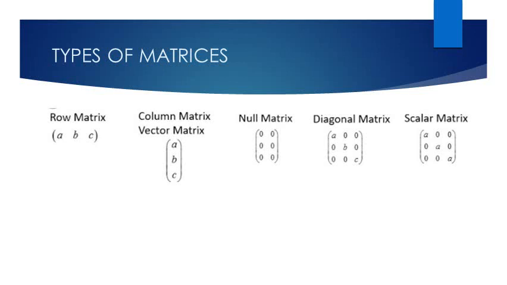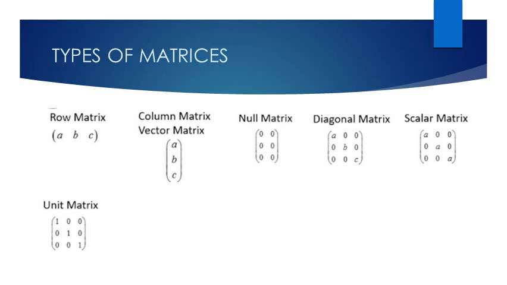Okay. Don't confuse between diagonal matrix and scalar matrix. In a diagonal matrix, the numbers in the diagonal can be different numbers. But in a scalar matrix, the diagonal should have the same number. Next is unit matrix. It is just like a scalar matrix, but here we have the diagonal as 1.